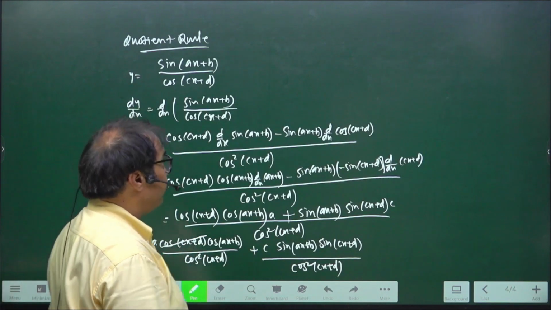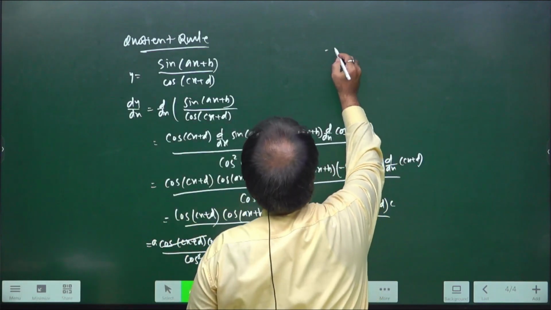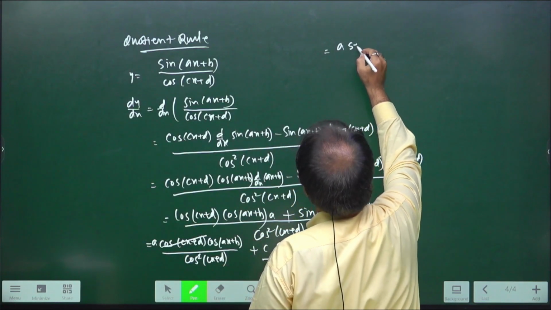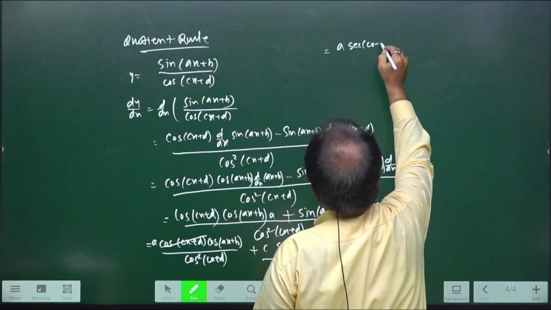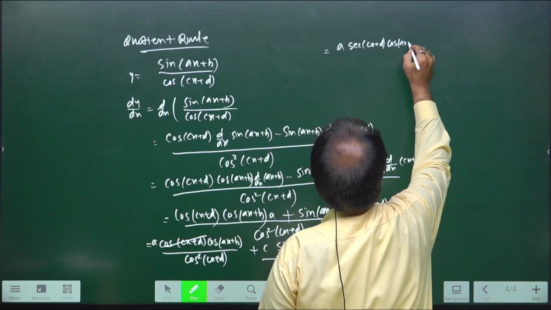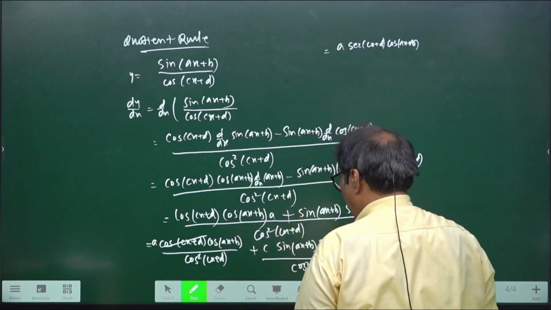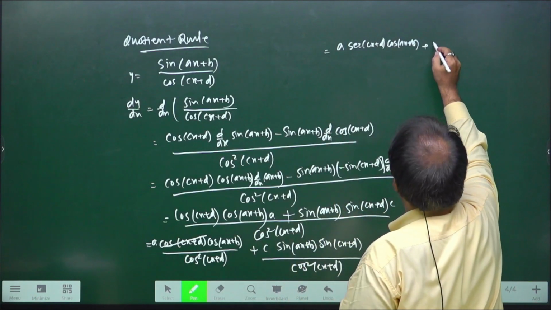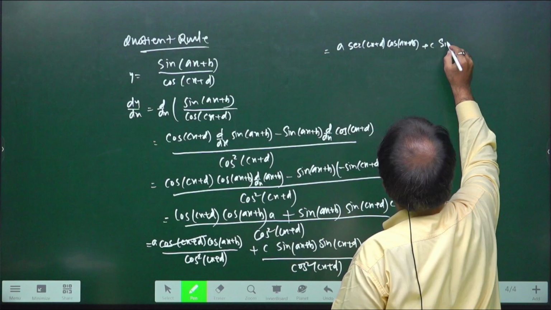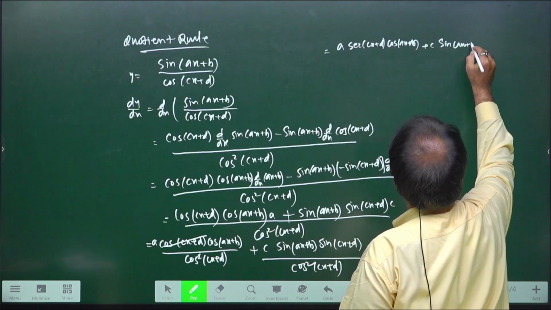What is left? Finally it is 1 by cos theta, that is sec theta. So a into sec cx plus d into cos of ax plus b, and plus c into sine of ax plus b.